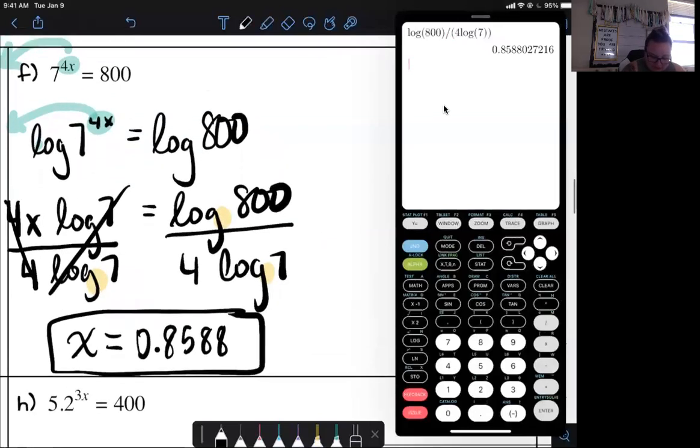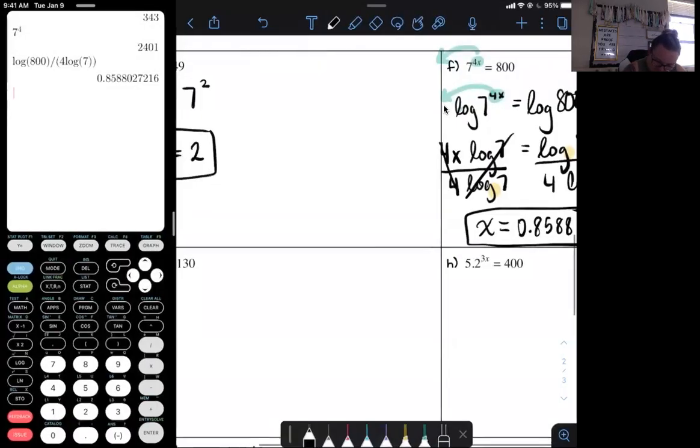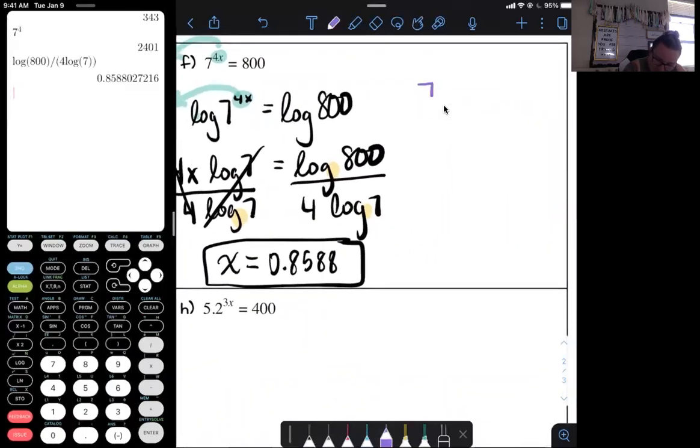Now, when you check your answer, I'm going to take 7 to the 4 times 0.8588, and we're going to see if that's equal to 800.